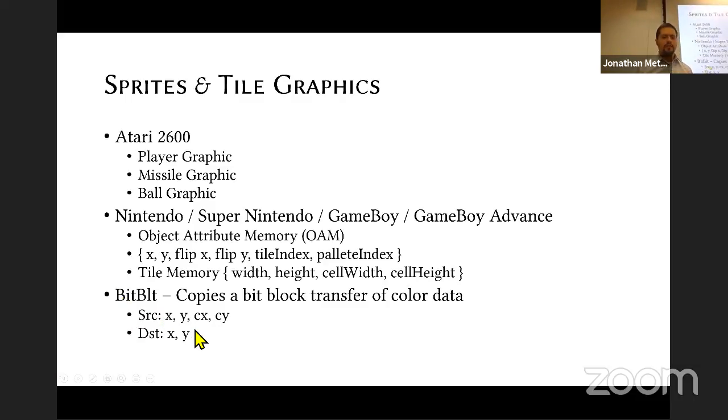So it's kind of a generalized version of a sprite. You say, here's my X, Y in the source image and the width and height. CX is the count of X pixels, CY is the count of Y pixels. And then you just say, where do I want my sprite to be drawn on the screen?